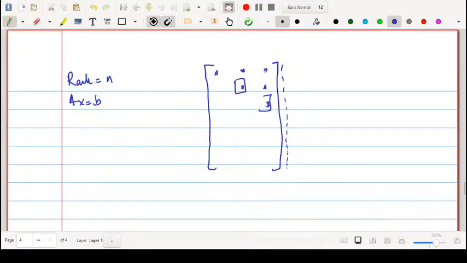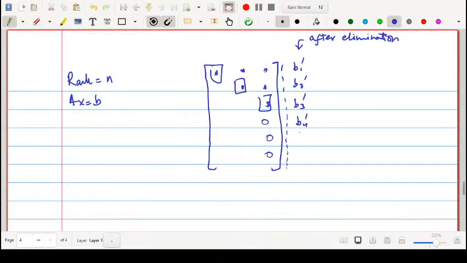This was my pivot, this was my pivot, this was my pivot. All the rest of the rows are 0, 0, 0. And this is b1 prime, b2 prime, b3 prime. These are again entries after elimination, not the original right hand side. And notice that these rows are all zeros.